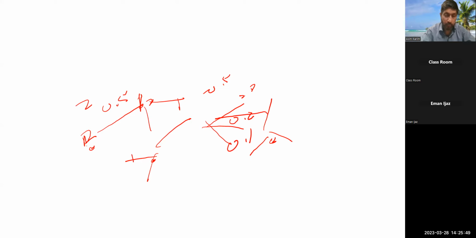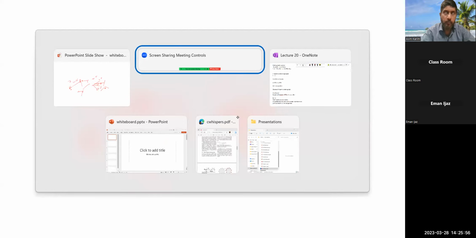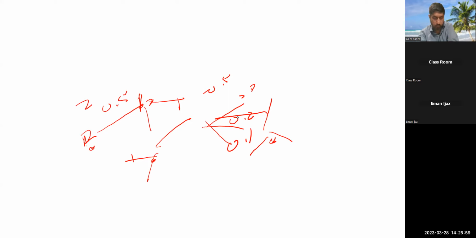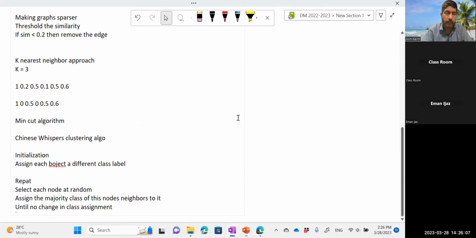So that is essentially what I have written here as the algorithm. We repeat: select one node at random from the graph, look at the neighborhood of that node, and using the similarity values as well, whatever the weighted majority class of the neighbors is, you assign it to this node.